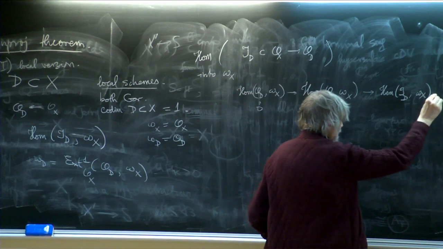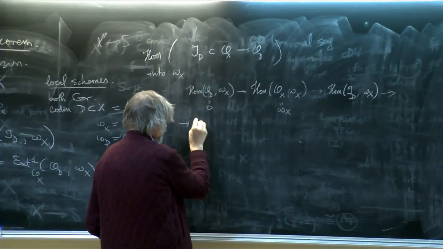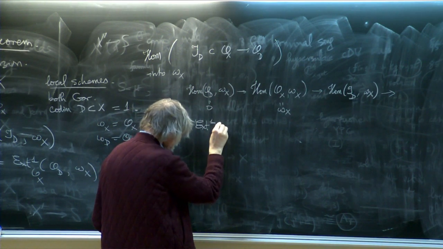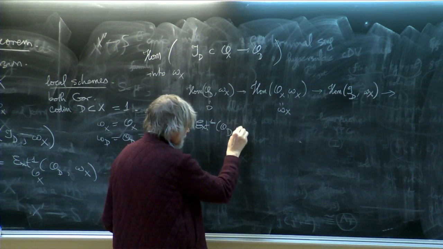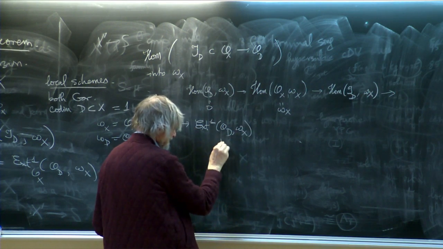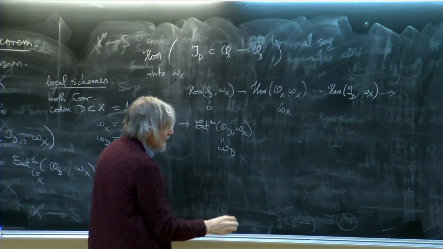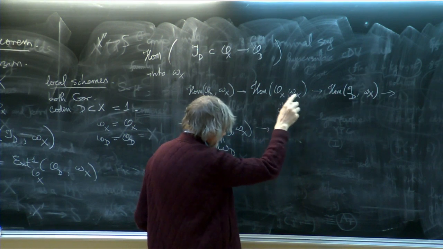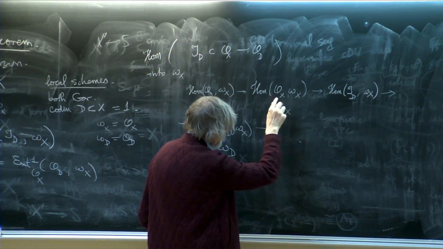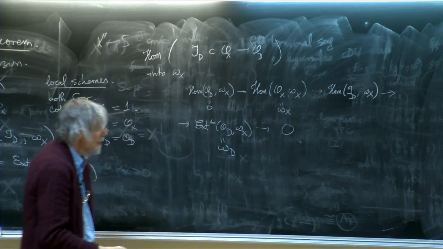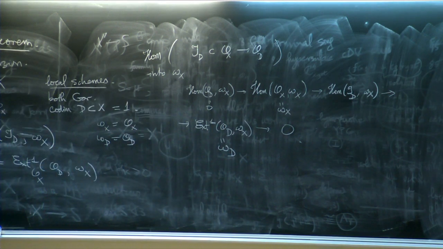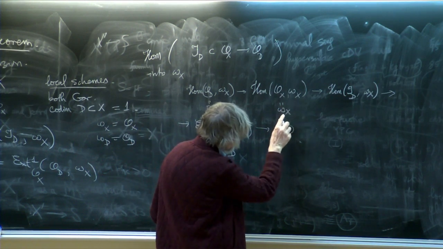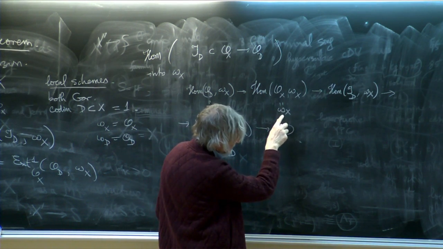Yes, and then this goes on to Ext1 OD omega X, and this one is omega D, right? And then the next one is Ext1 of free things, a free module to a free module, so this is 0. Yes. So in other words, we know that omega X is isomorphic to OX.